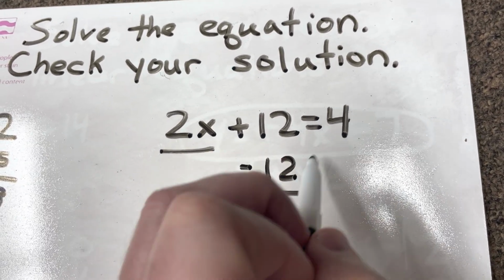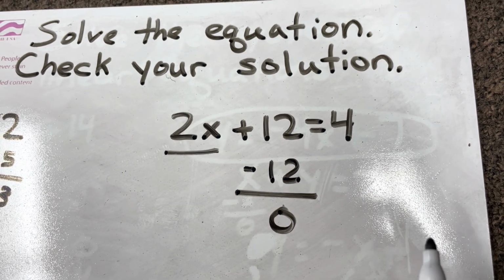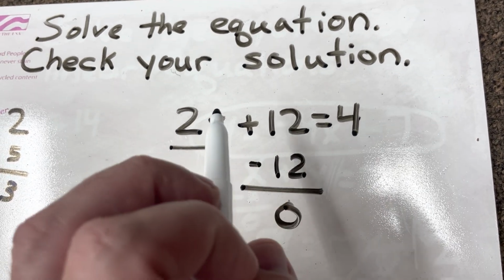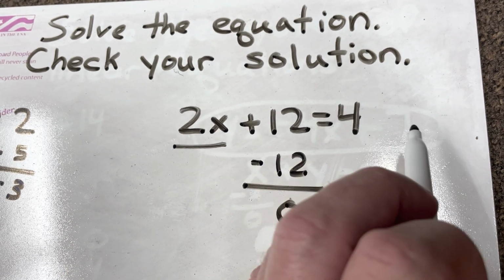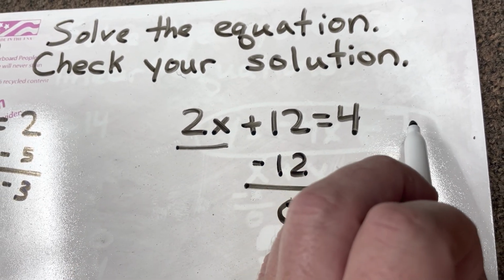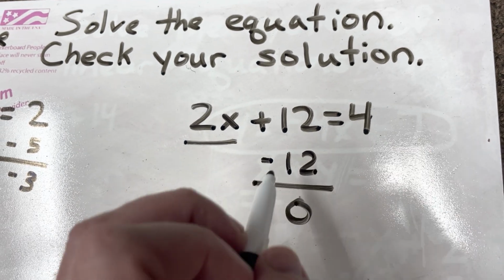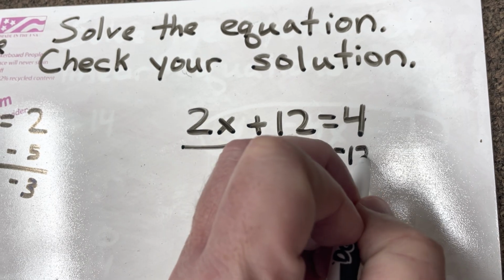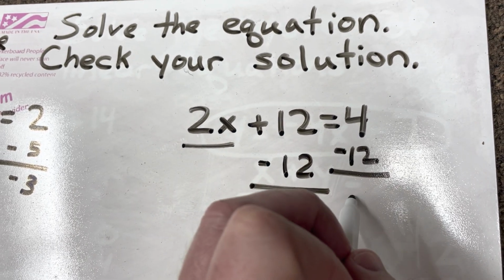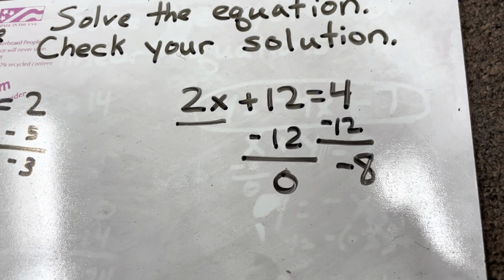When I refer to sides of the equation, what's on the left of the equal sign is one side, and what's on the right of the equal sign is the other side. So I subtract 12 here, that gives me 0. I'm going to subtract 12 from the 4. 4 minus 12 is going to equal negative 8.